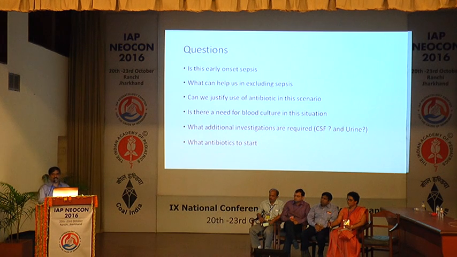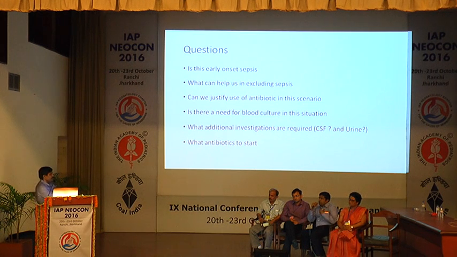What antibiotic to start? The $1 million question. Manas. Basically, in the previous case, people have started amikacin. We have no objection because they have good experience with that, as it must be covering almost 70 to 80% of the bacteria that they are getting in early onset sepsis.